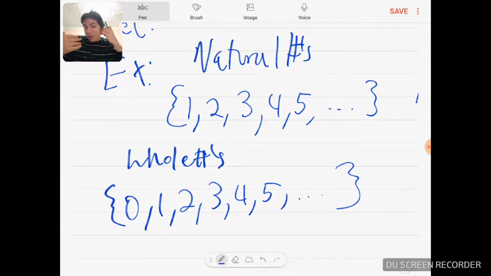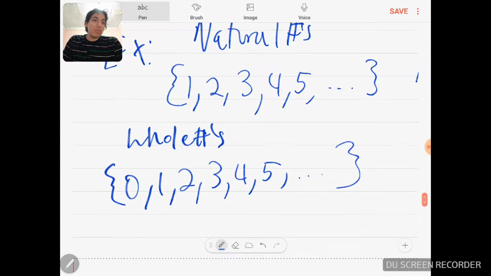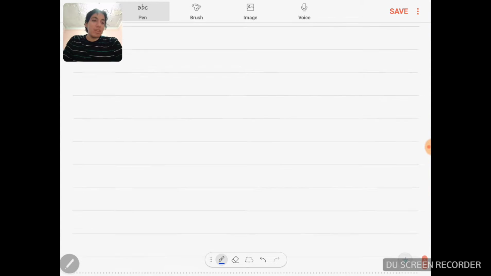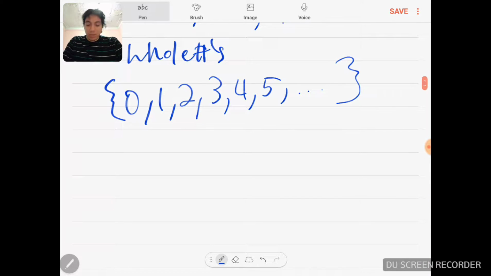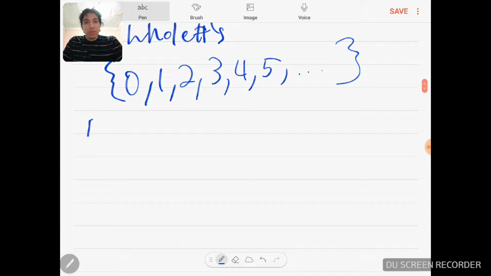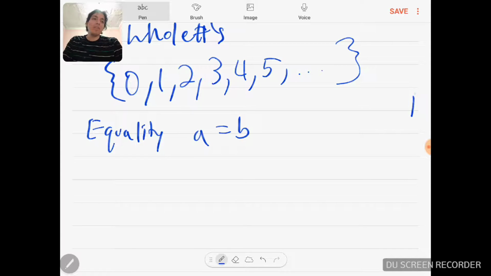Now, why are we talking about sets? Is because we need to determine whether or not something is either equivalent, greater than, or less than, or equal than, which I'm pretty sure you are familiar with the inequalities symbols. So we all know equality would be A equals B, and A and B are whatever elements are there.